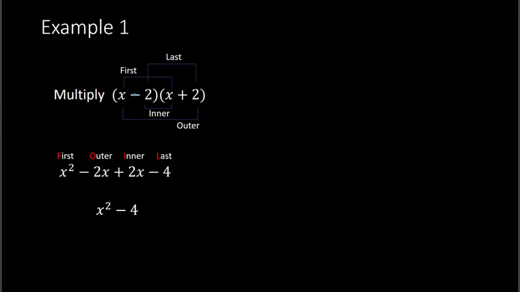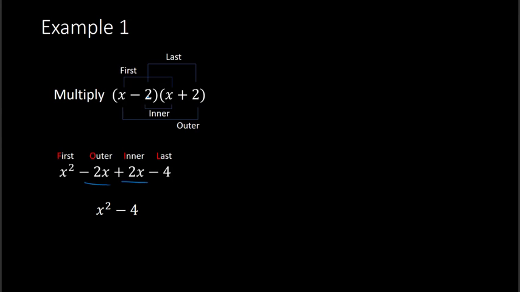But notice, okay, we have these two middle terms canceling out. That's going to happen every time when I see that the two things I'm multiplying together are different only by a positive or negative sign. So here, one is x minus 2, the other is x plus 2.